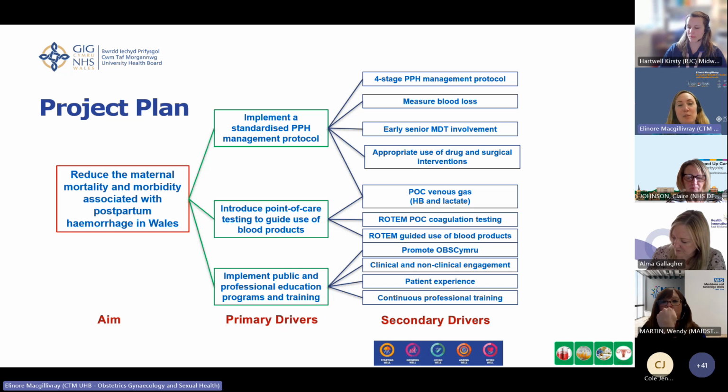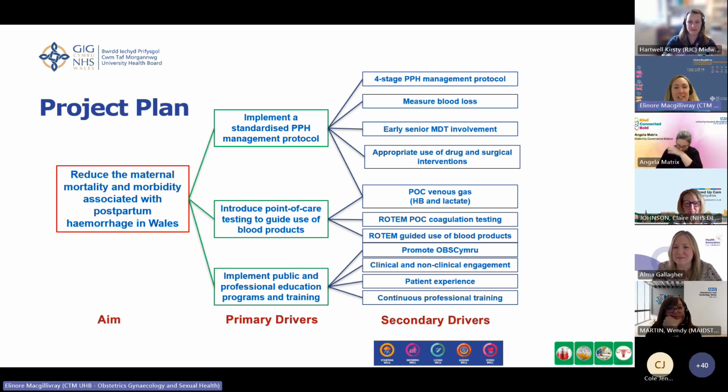Again, this looks a bit like a sketch on the back of a fag packet, and in some ways it was to begin with. It started out with a brilliant anaesthetist and haematologist in one of our big teaching hospitals who'd done a research study and noticed some things that were a bit incidental and were helping to improve the care around postpartum hemorrhage, and then literally scribbled on a piece of paper, we could go national with this, we can scale this across Wales.